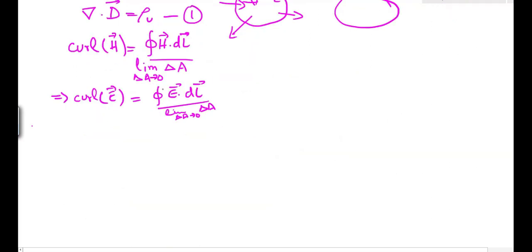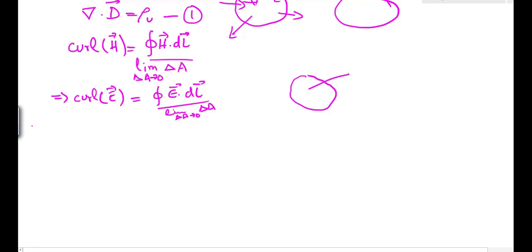Now to analyze this closed path integral, what does this mean? When we talk about the Ampere Circuit Law, we choose a closed path around the source such that the field must be either tangential or perpendicular to the source.